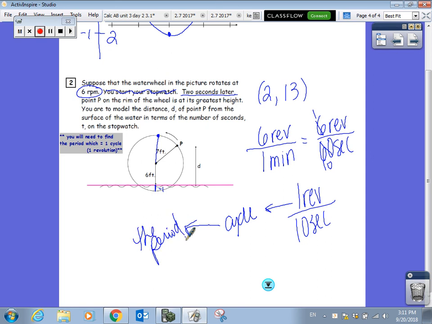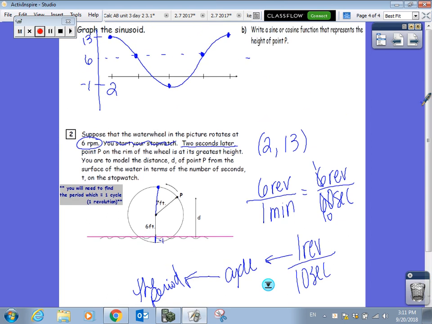So I just figure out what 1 revolution is. I started high, and how did I get back to the high point? That was 1 revolution, and it took 10 seconds. So this would be time. If it took 10 seconds, we started at 2 and went to 12. Say that again? 7.